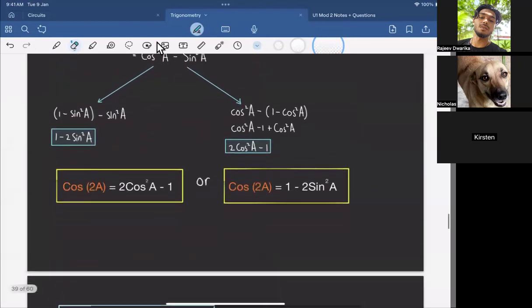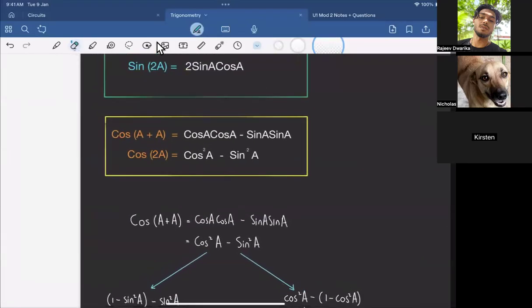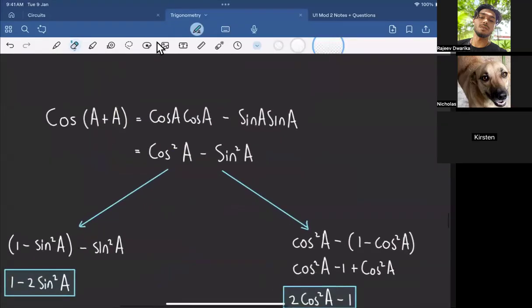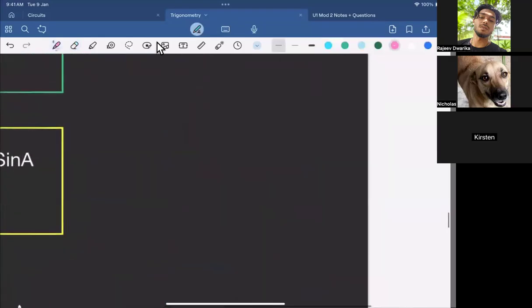Now we need to look at something. There are two different ways you could write cos 2A, the double angle formula for cos 2A. Cos A plus A is cos squared A minus sine squared A. Do you all remember the main identity when doing trig? What's the main identity other than tan theta is sine theta over cos theta?